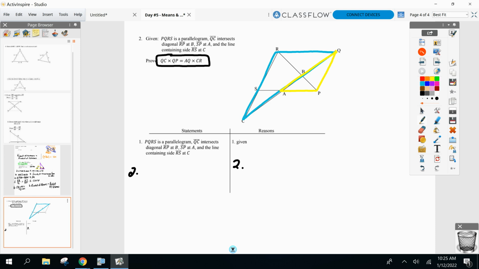Sides are parallel. This. Can do alternate interior.